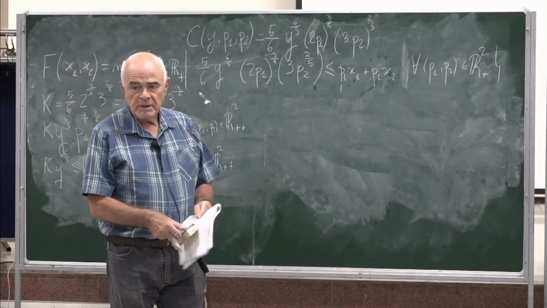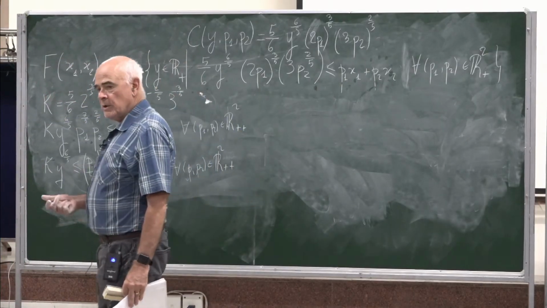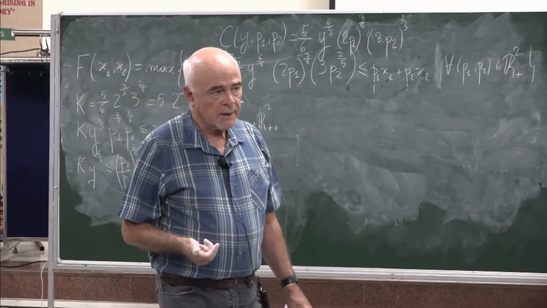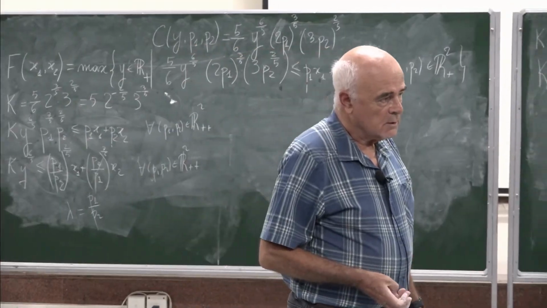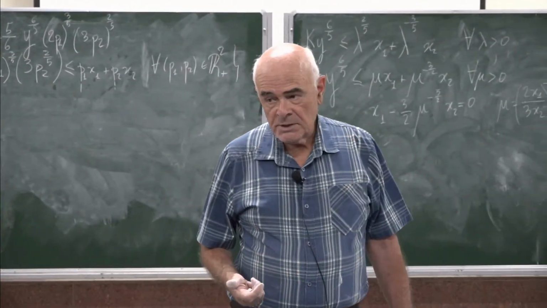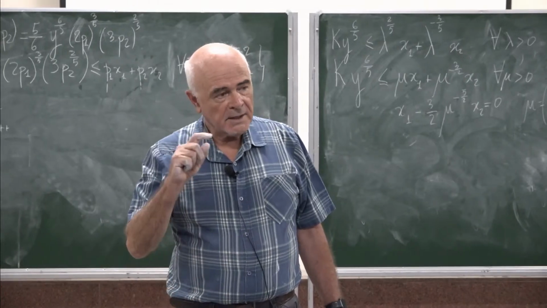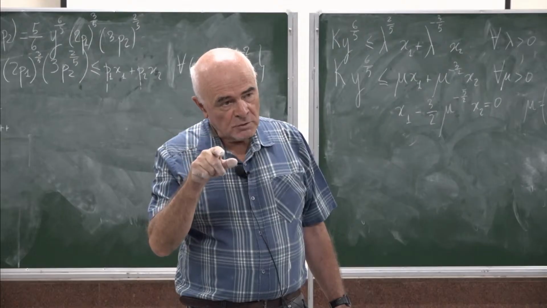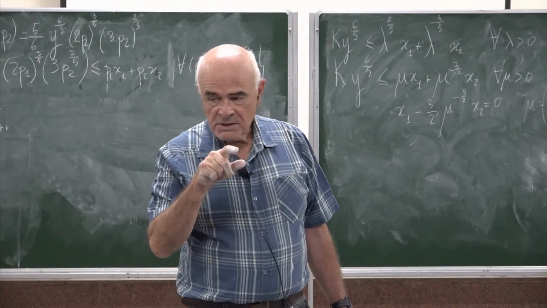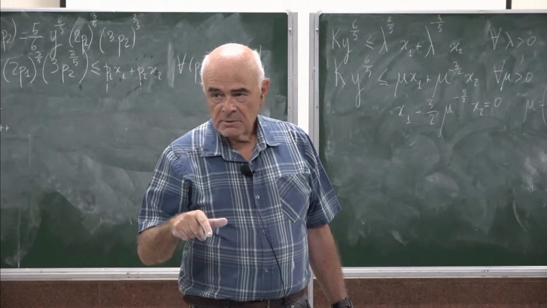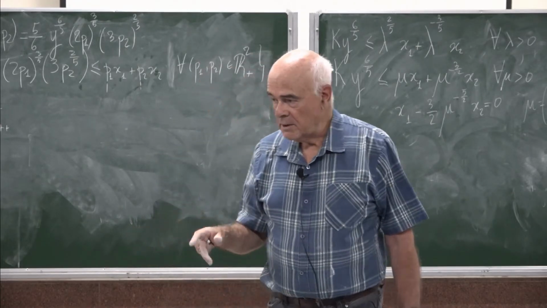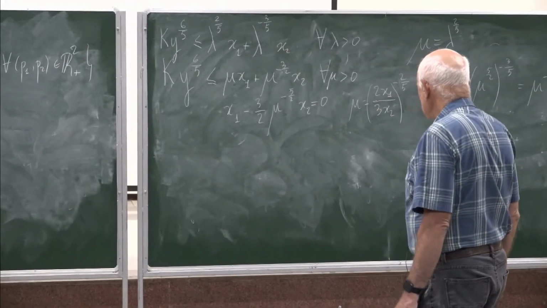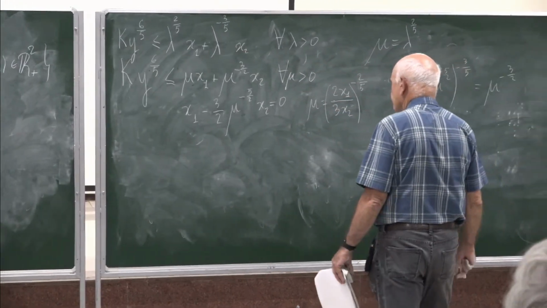So I have to consider separately the case when either x1 or x2 are maybe 0. And in that case, f of, let's say, (0, x2) or f of (x1, 0) would be equal to 0. This can be considered separately without all these computations. Okay, so this is mu.